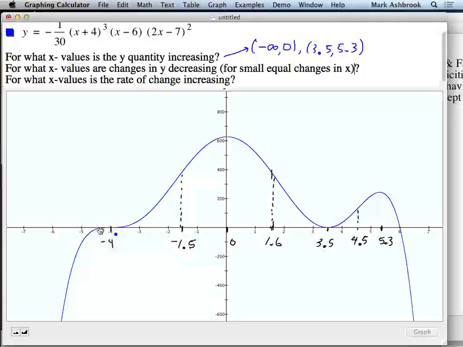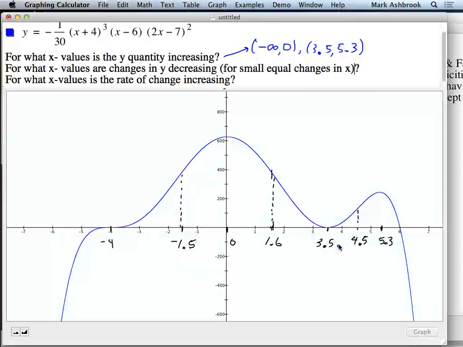So are there 2 points that have the same y value there? No, because it's always less than 0, and then it's 0, and then it's always greater than 0. Even though it flattens out for one moment, it is still increasing through there.